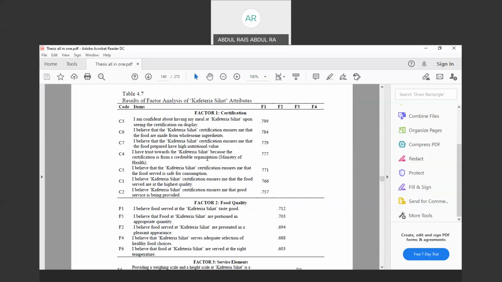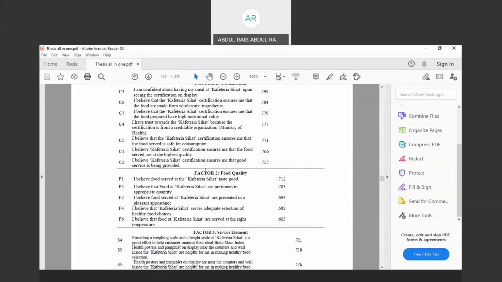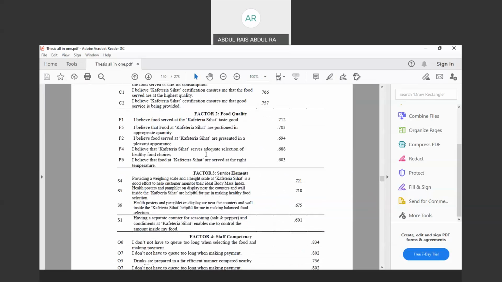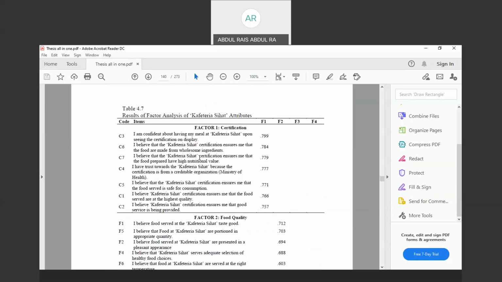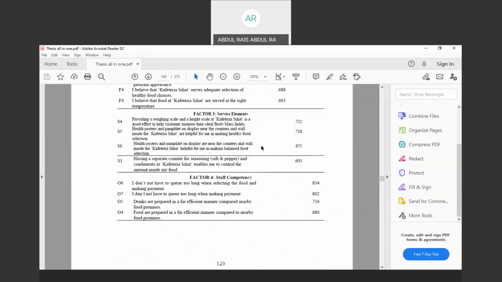If that happens, you will need to recheck the item. So no need to worry about the chronology as long as the loading value is above 0.6, you should be okay.